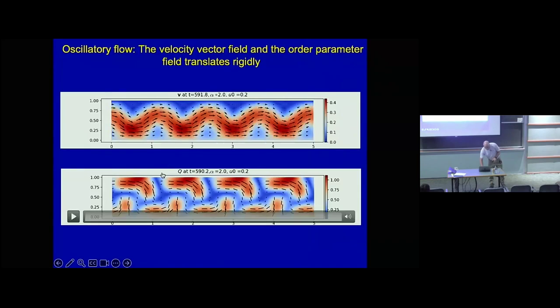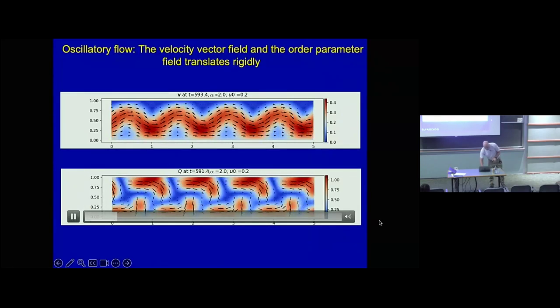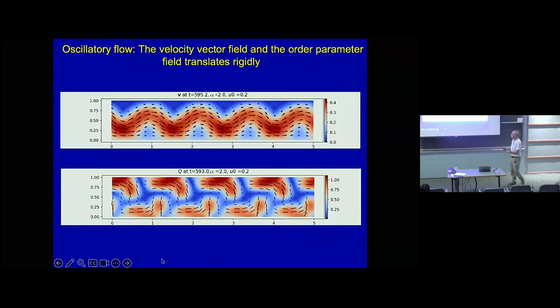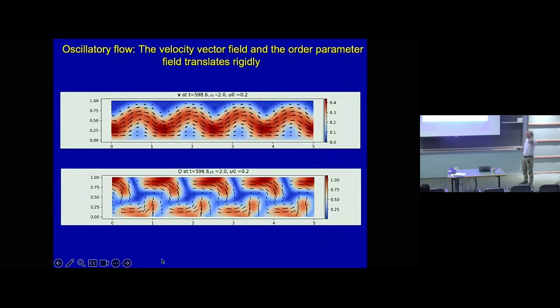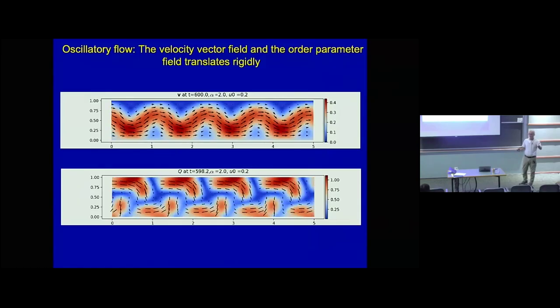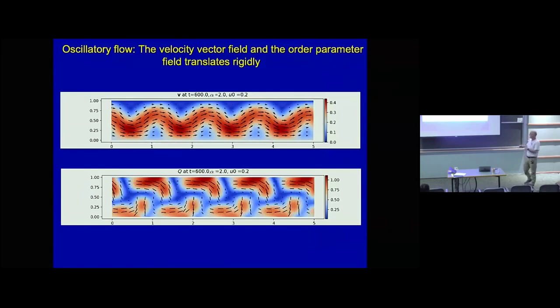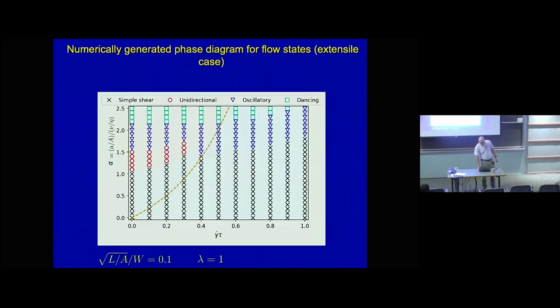We're just showing the directors below and the vector field for the velocity above. And it's certainly not one-dimensional. So maybe now you can see why our simple one-dimensional perturbation didn't work, because the state that the simple shear is unstable to is not a one-dimensional unidirectional flow state at high enough strain rate.